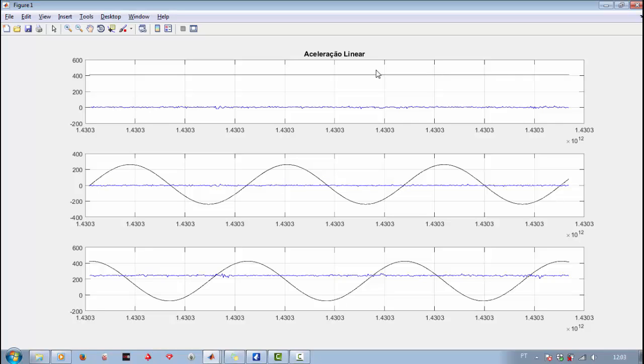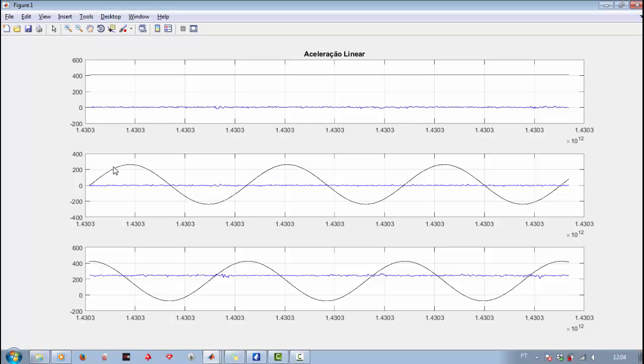What I will try to investigate is whether these things that he gives us in fact contain any information. But as we can see in the linear acceleration, the conclusions are more or less the same that we got from the accelerometers, because the values of the acceleration do not change at all.